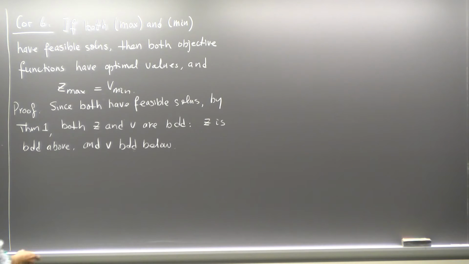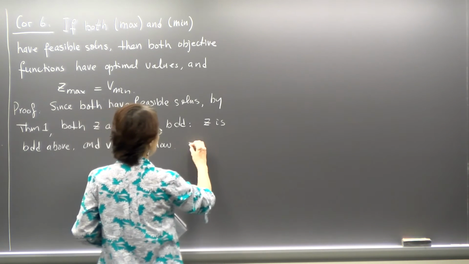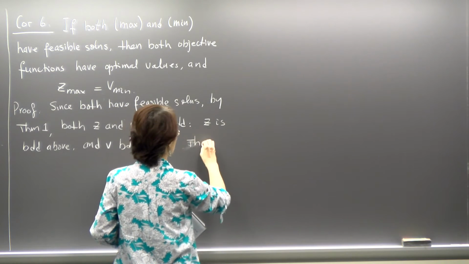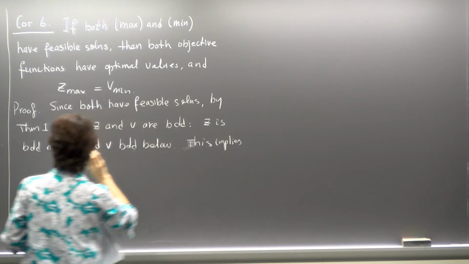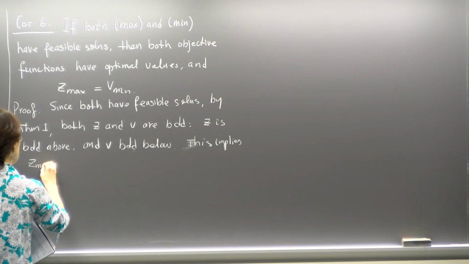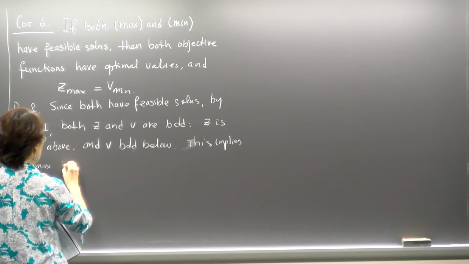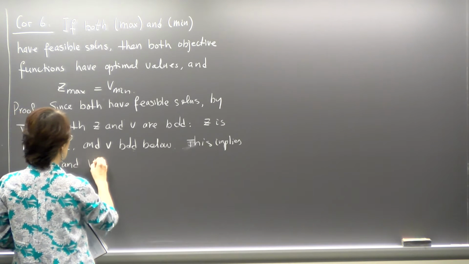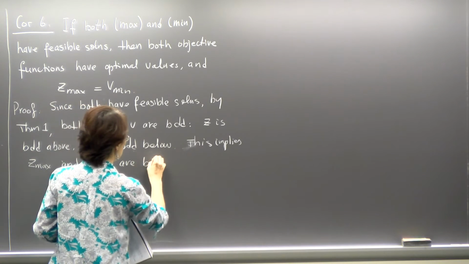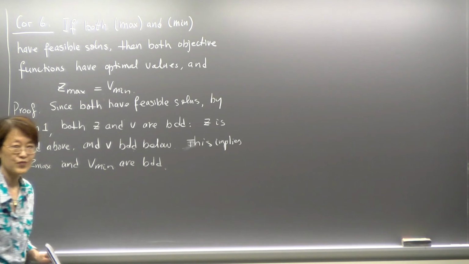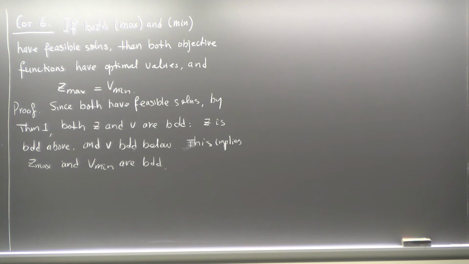So this easily implies, let me write, the max value of z and the min value of v, they are now both bounded. Is that okay? Now I changed it, didn't I?